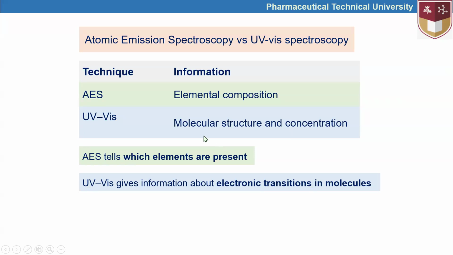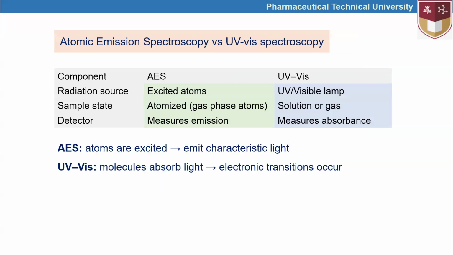Okay, and to be more strict, we do not know exactly the molecular structure, but we can find out about the presence of functional groups by using UV spectroscopy. AES tells which elements are present. UV gives information about electronic transitions in molecules resulting from the presence of different functional groups.